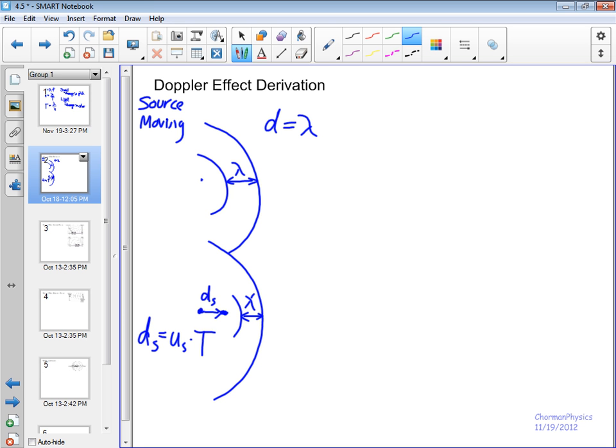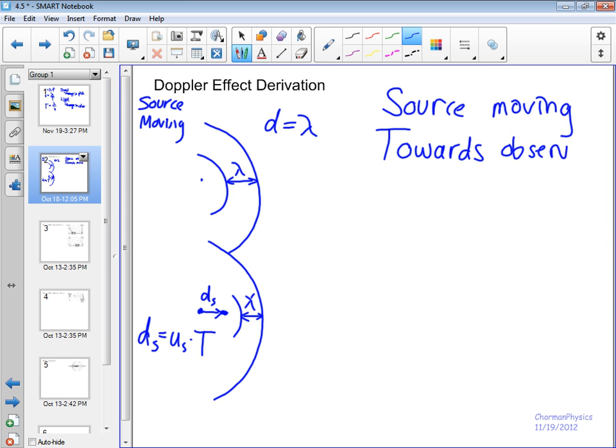So, let's say that you're a source that's moving towards the observer. Your new wavelength, lambda prime, is just going to be equal to d, which is the distance that the wavelength traveled up here, minus the distance that the source has traveled.